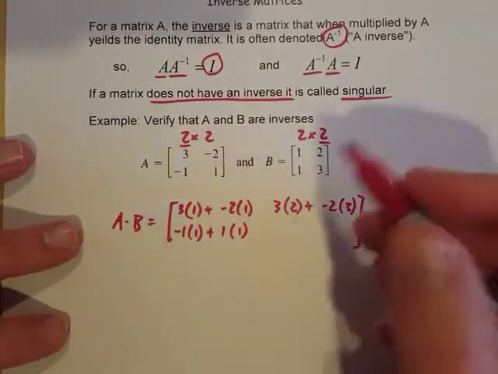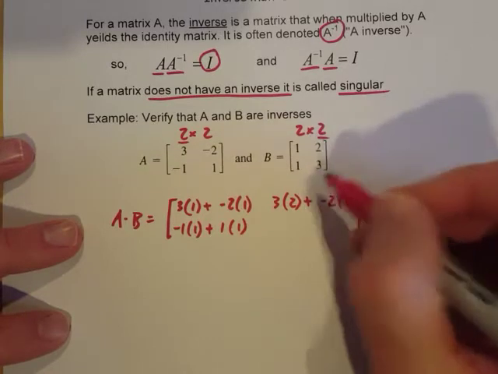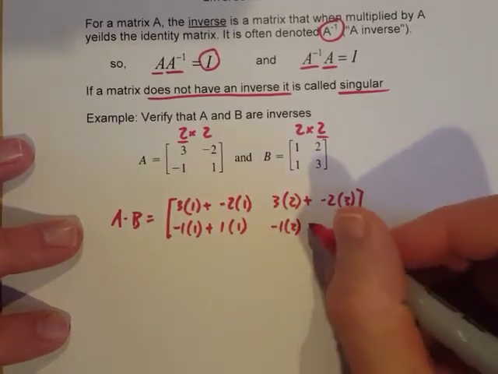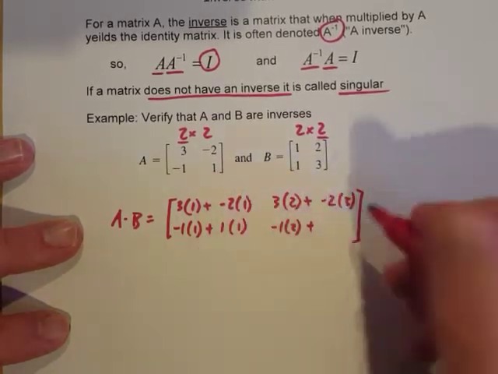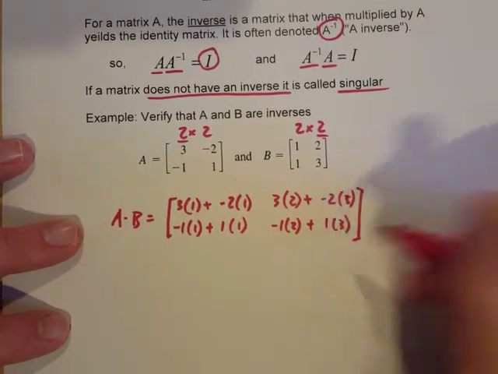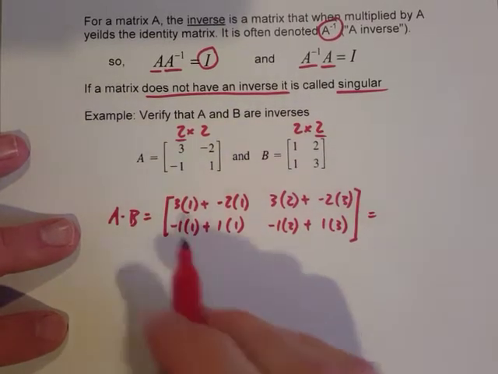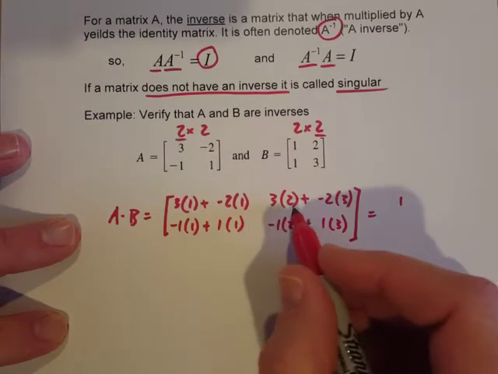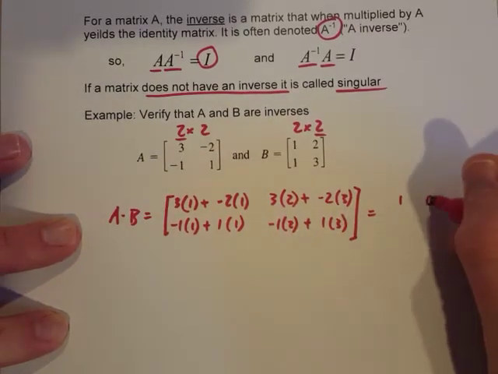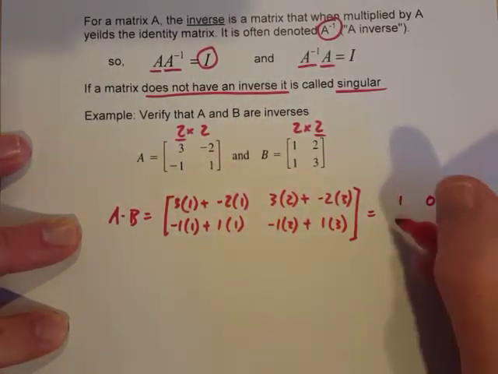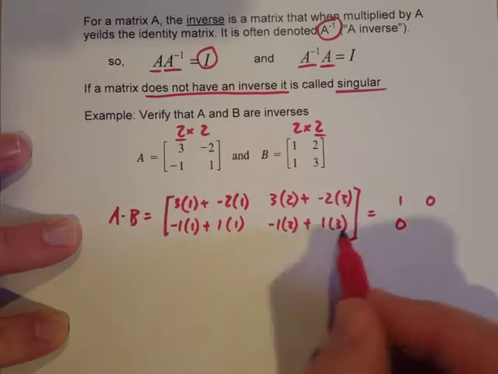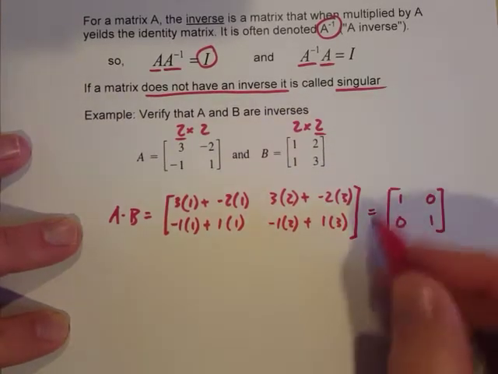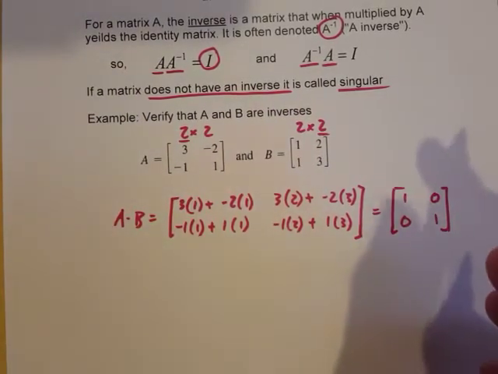Then we have row 2, column 2, so -1 times 2 plus 1 times 3. All right, now we simplify. 3 minus 2 is 1. 6 minus 6 is 0, negative 1 plus 1 is 0, and negative 2 plus 3 is 1. So what do you know? Comes out as the identity matrix. So that verifies it in one direction.